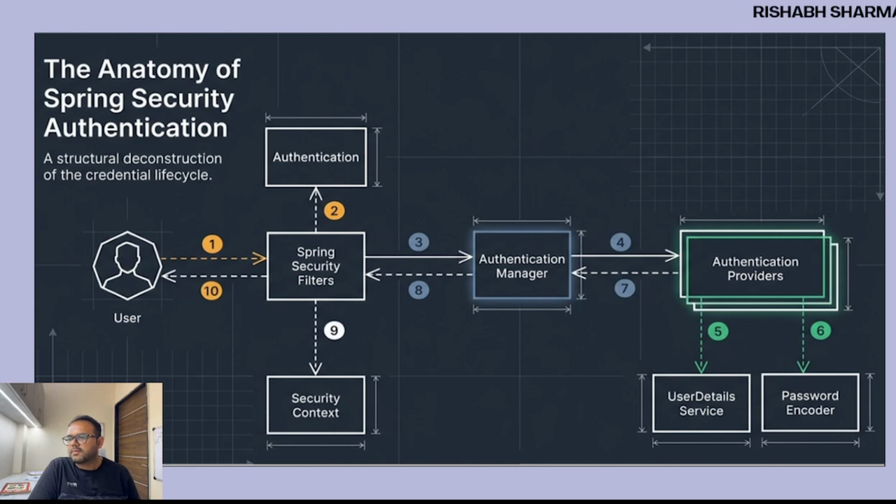Now, let's decode what happens internally when a user tries to log in to our system. When the user sends credentials, for example user and password, the request first enters the Spring Security filter chain.